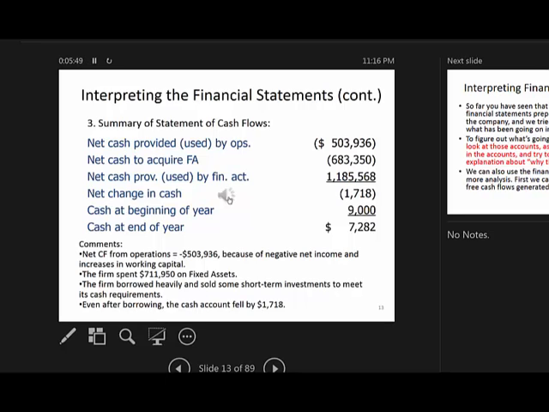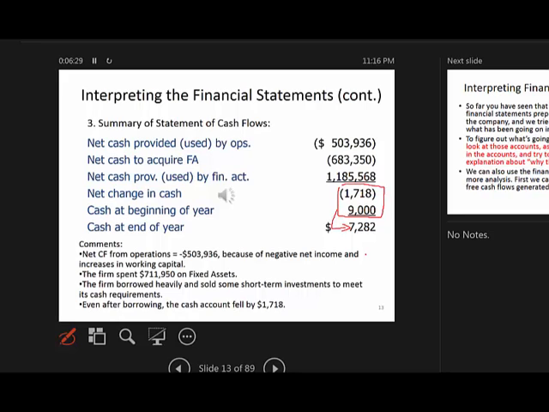These three parts all together add up to the net change in cash, which is the negative 1,718 you see here. We can also see from the balance sheet that the balance of cash at the beginning of the year, or say beginning of 2016, is 9,000. So 9,000 plus the net change in cash, which is a negative 1,718, gives us the cash balance at the end of 2016, which is 7,282.